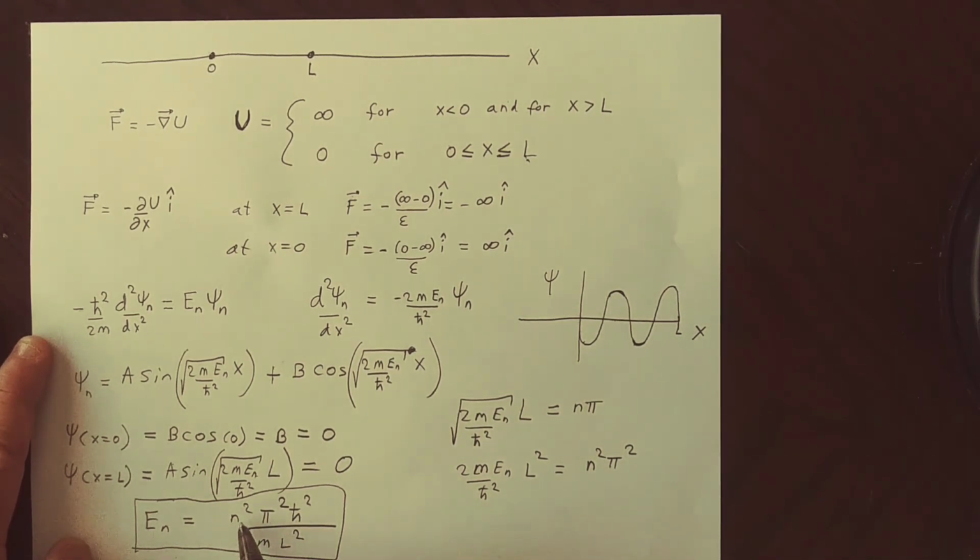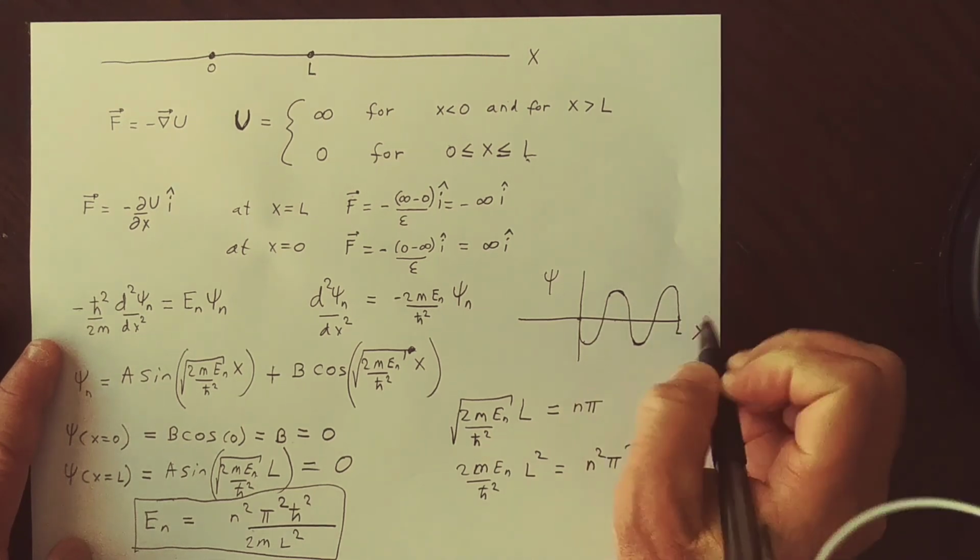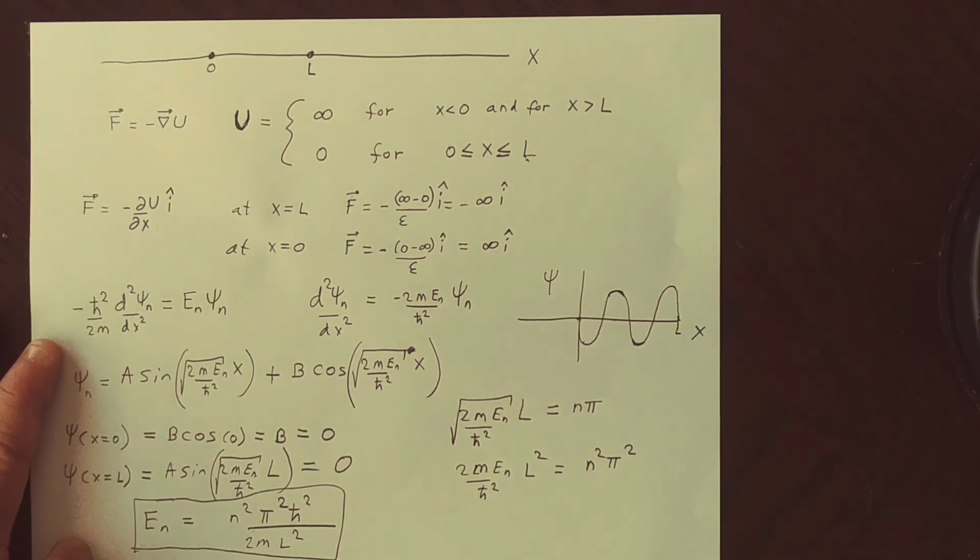So n can be equal to 1. So we have pi squared h bar squared over 2mL squared, n can be equal to 2, and then this ends up being 4, and so it has specific values, and that's because specific values of this function allow it to obey the boundary conditions. Or we can only fit waves into this region in specific ways.